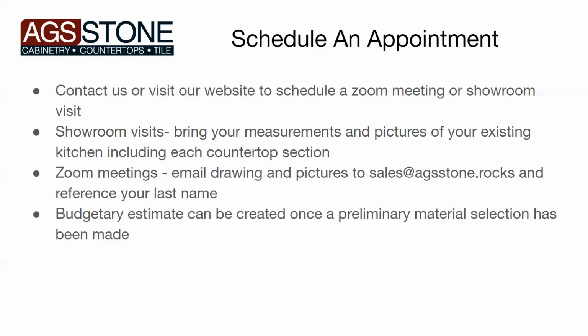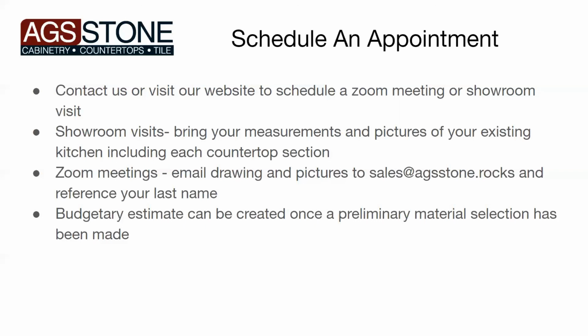When we're done with your visit, we should have enough information to put together a preliminary budget. We'll need to have selected at least one material option, and also talked about sink selection, edge detail. So there are a few other things that we'll need to know, and these can be just your first picks.